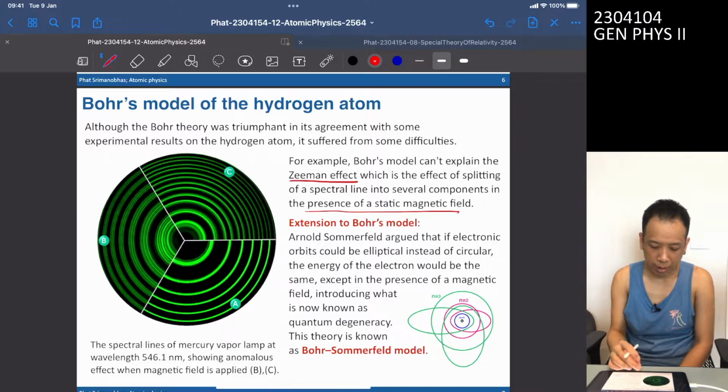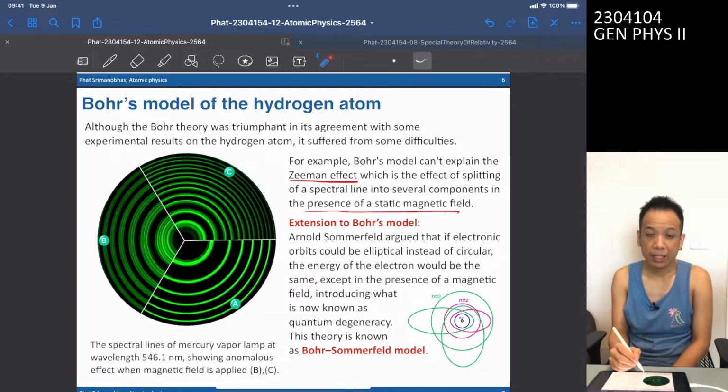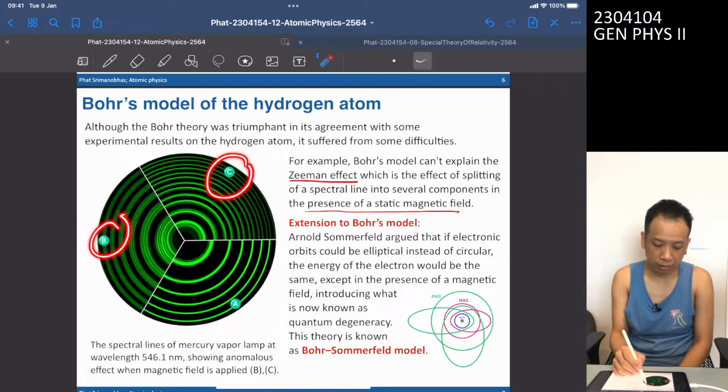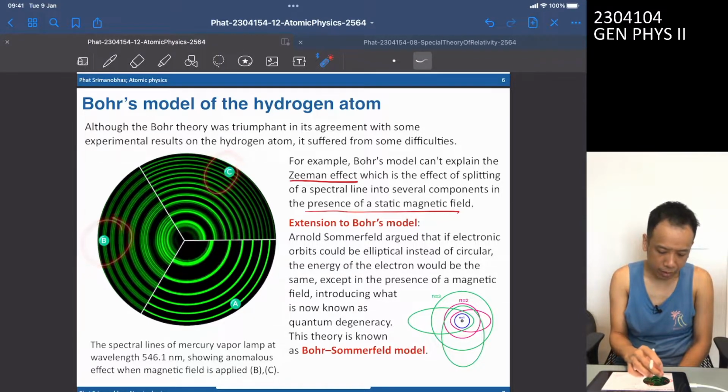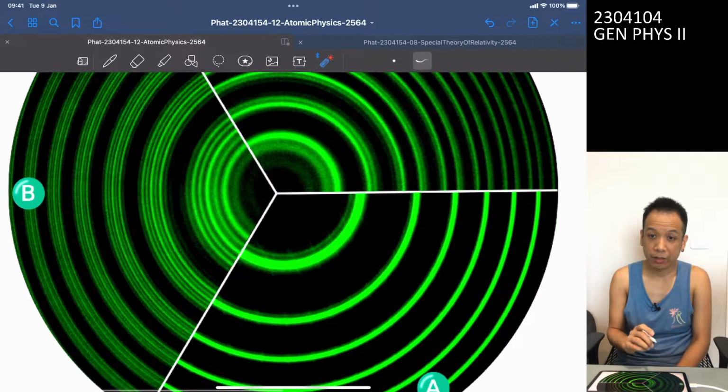This is called the Zeeman effect. In the figure, on the A side, this is from mercury vapor, you don't have the magnetic field, and when you have the magnetic field, of a different orientation, you have the splitting of the spectrum.